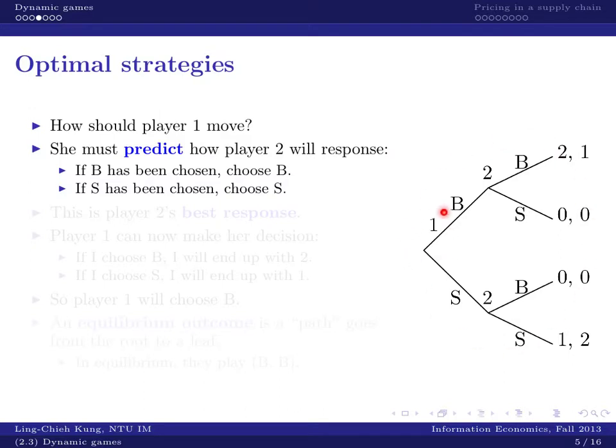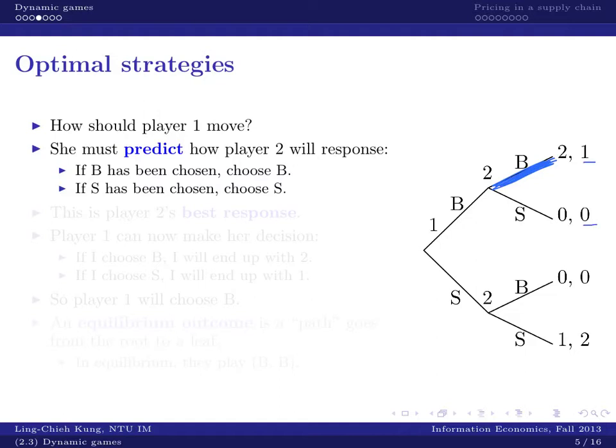So as player 1, you'll first think: if I choose B, then player 2 will choose B, because in that case she can get a higher payoff.